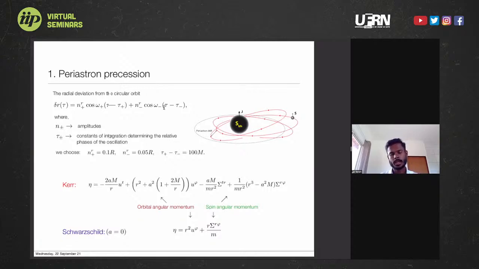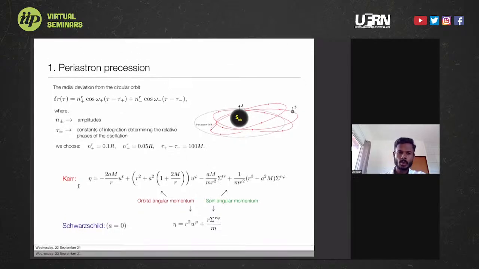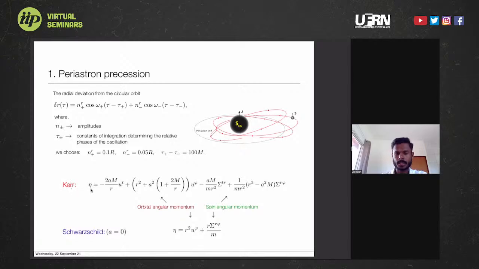Before going to that, let us understand physically what happens here because of this double frequency. So let us again go back to our total angular momentum conservation, which is shown here, where this is the orbital angular momentum part and this is the spin angular momentum part. In fact, to understand it physically, let us go one step down to a simpler case, Schwarzschild, that is a equal to 0 in this expression.